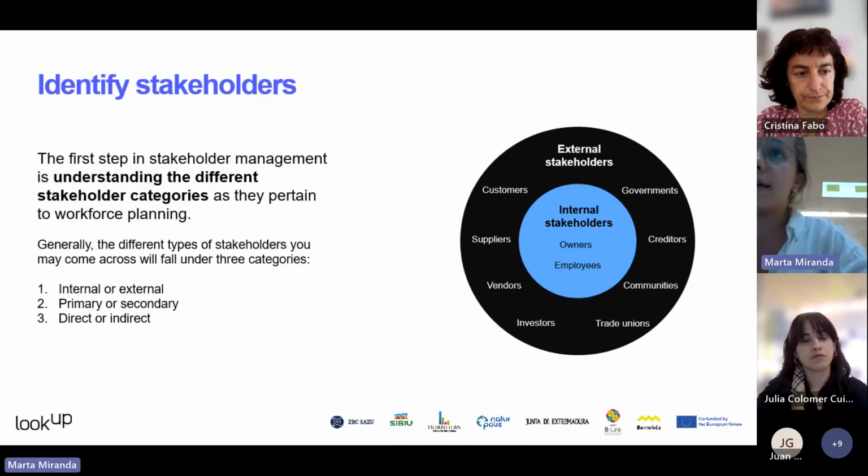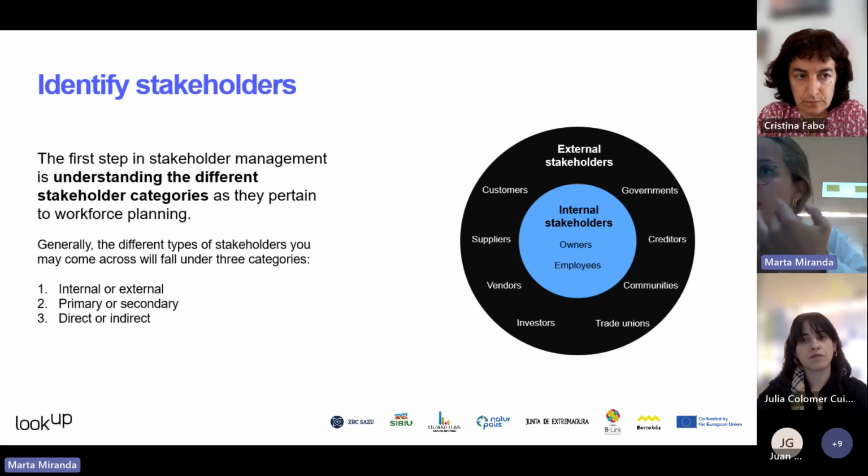indirect. Here in this graph, you can see an example of internal stakeholders, such as the owners of the business or also the employees of the business. But there are a lot of external stakeholders that might also affect our business and its decisions.